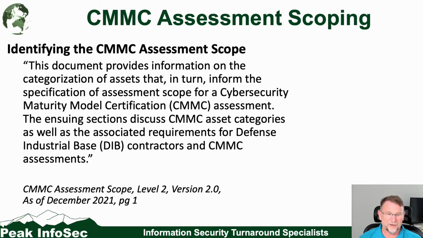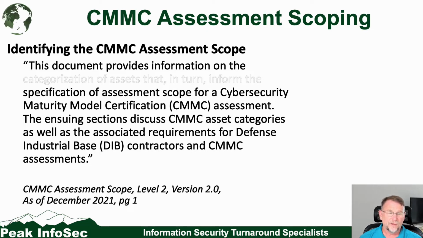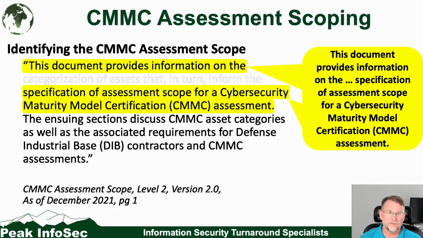So the first thing we're going to do is strip out the junk language that's in this paragraph. When you take out those words, what you're left with is: this document provides information on the specification of assessment scope for a CMMC assessment.